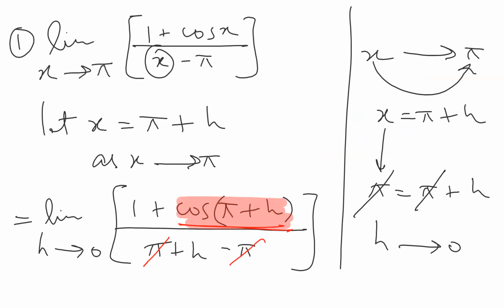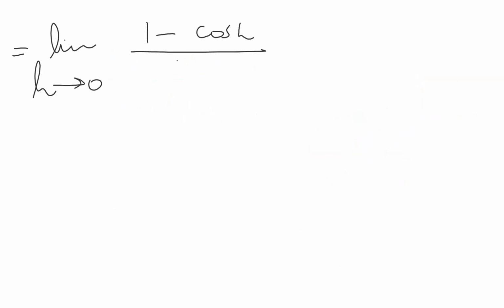And this 1 plus will remain as it is. So next step, limit h approaching 0, 1 minus cos h upon h, right? Fine.